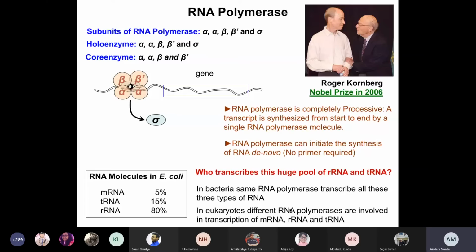And one very interesting fact is, we have talked about Professor Arthur Kornberg, who elucidated the mechanism of DNA replication. He purified, crystallized and characterized the DNA polymerase and its mode of action. And his son, Professor Roger Kornberg, actually characterized the RNA polymerase and subsequently characterized the mechanism of transcription.